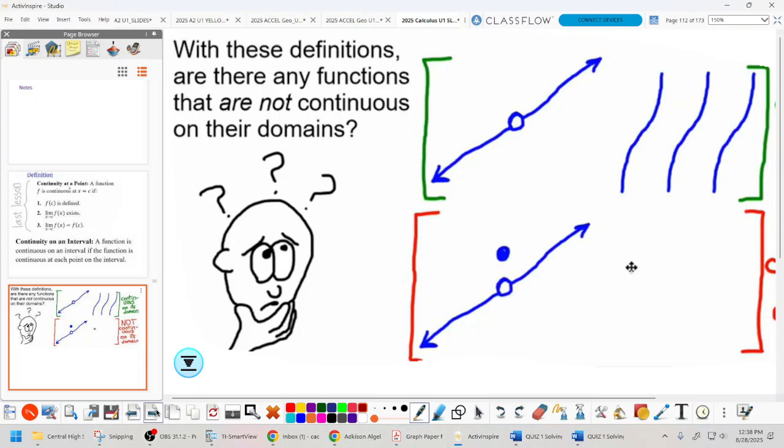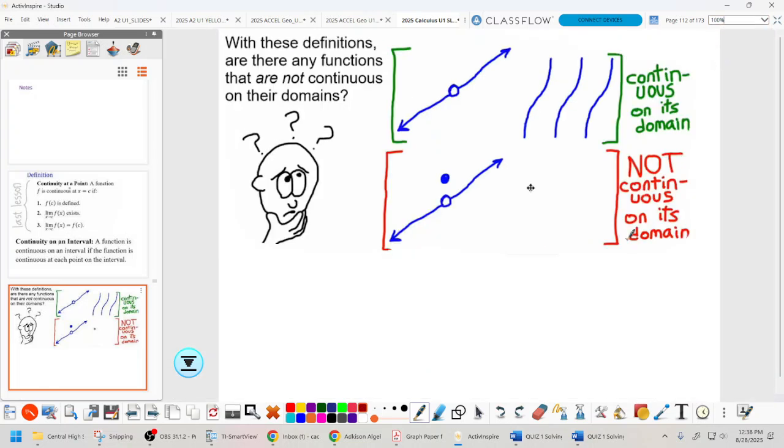Well, looking at these pictures, you can see green and red brackets, which gives you a little hint. Are these continuous on their domain? Yeah? How about this one? No, because remember, that point is included in the domain, but it's not continuous anyway.